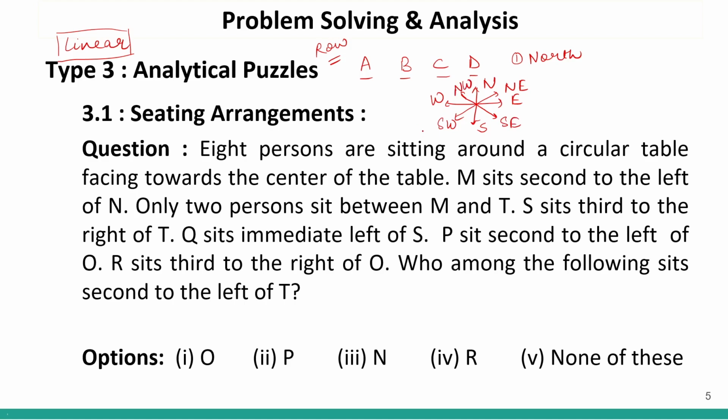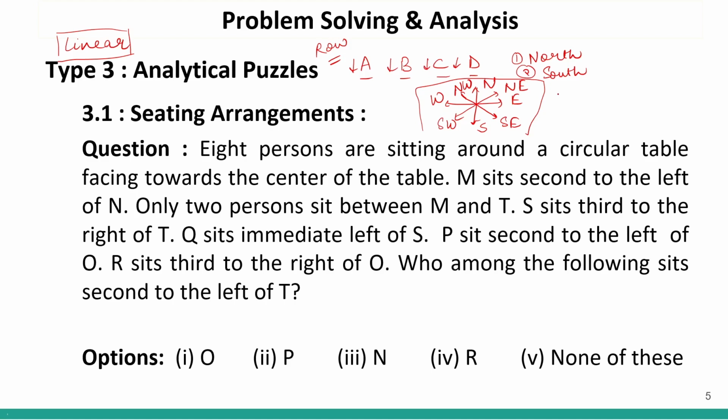Correct? So this chart we discussed in following directions. Now, the first possibility is that everybody is facing north. So A is also facing north, B is also facing north, C is also facing north and D is also facing north. The second possibility is that everybody is facing south. So south means that each of them faces the south direction.